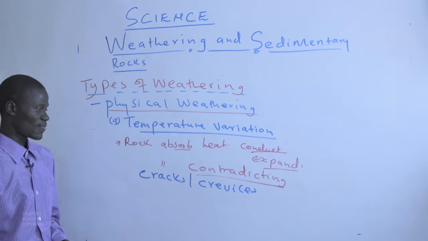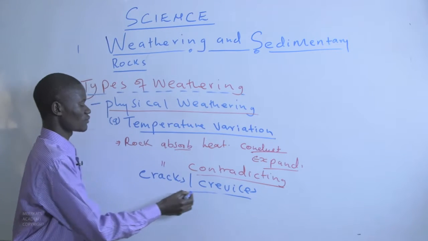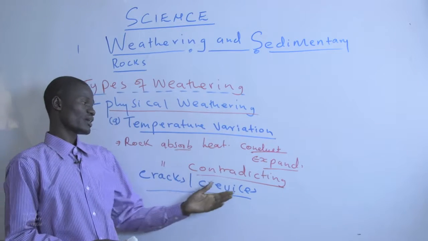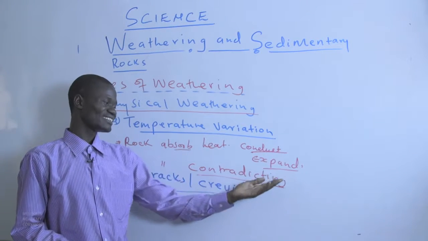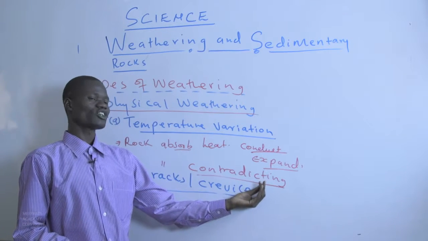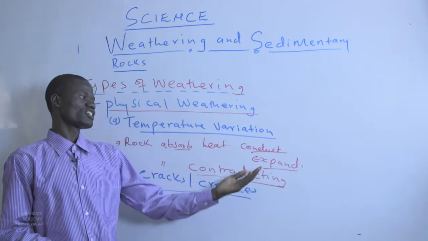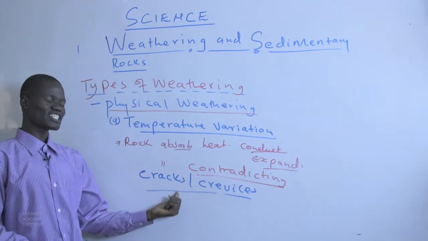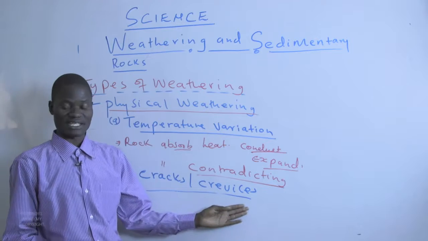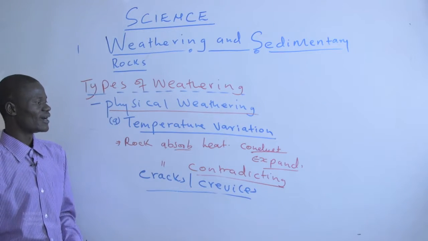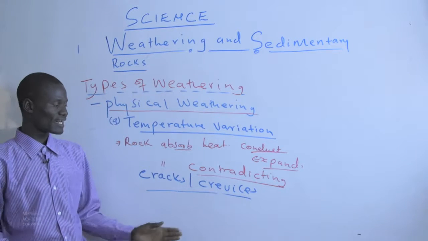As a result of temperature variation, we learn that rocks are able to expand, and when they lose heat, they contract. The process of expansion and contraction may lead to the rock surface creating cracks or crevices, and in the process they strain and therefore break away.